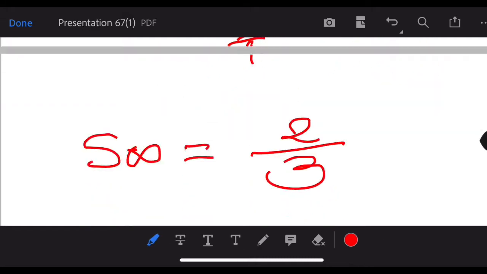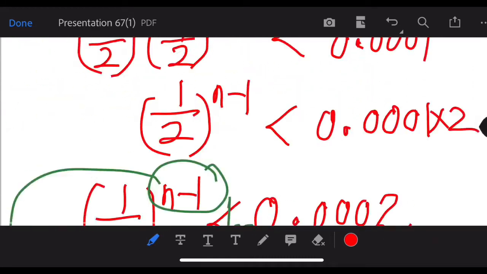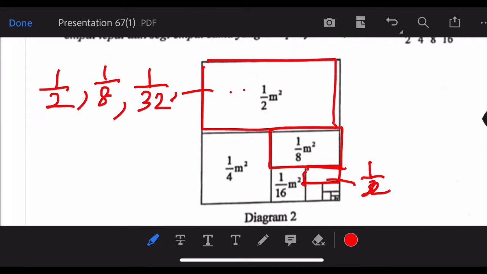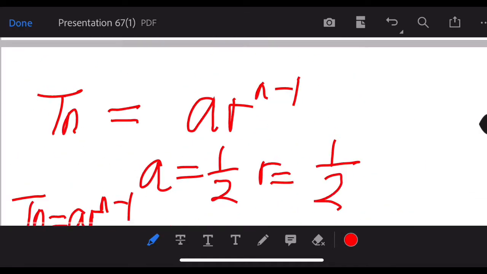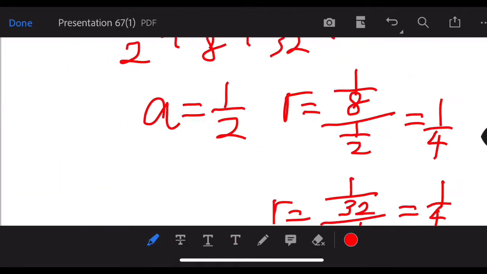For AP or GP, the way to do it is you must be very sure you have 3 terms, and you try to work out the common ratio if it is GP, and if it is AP, you'll get a common difference, right?